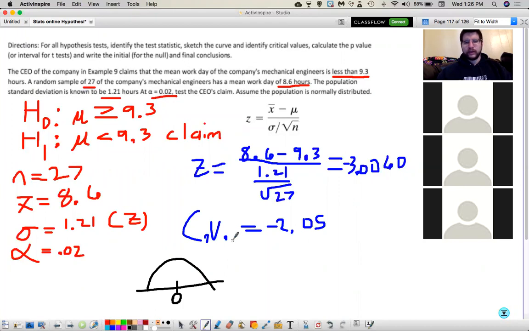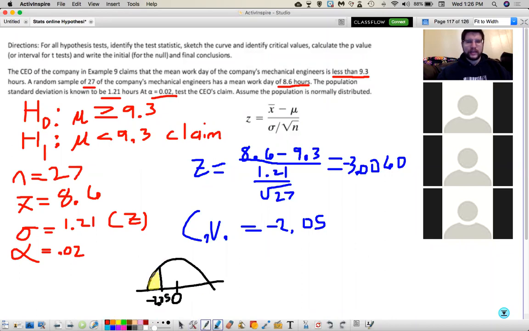We've got a critical value of negative 2.05, so I'll put that right here. Negative 2.05. There's a decimal there. And in red, I'll put my test statistic. The critical region is to the left because it's a left tail, so I'll shade that way.